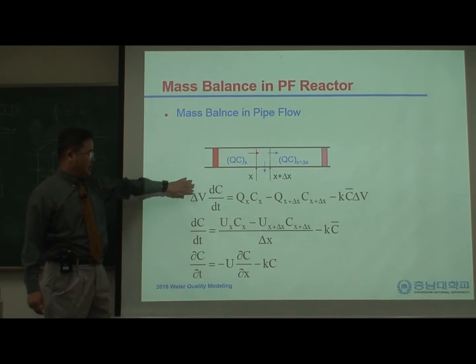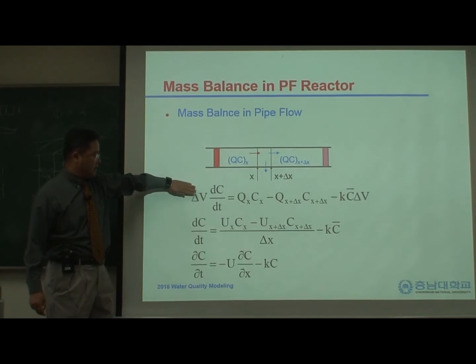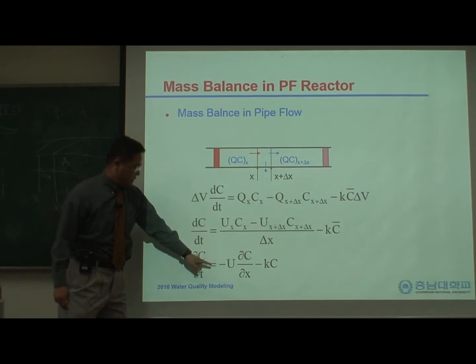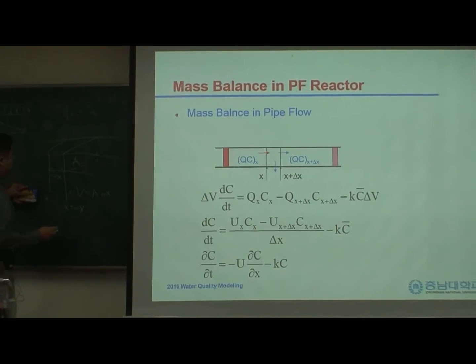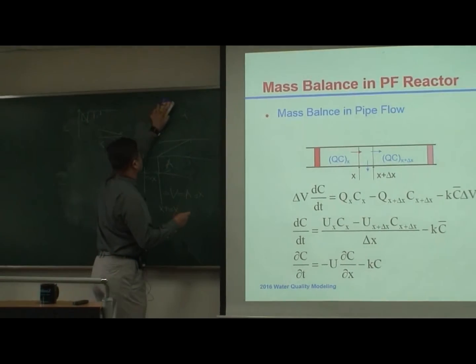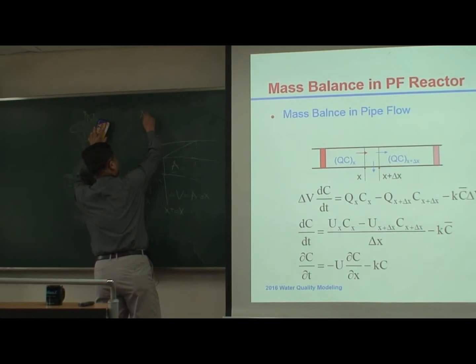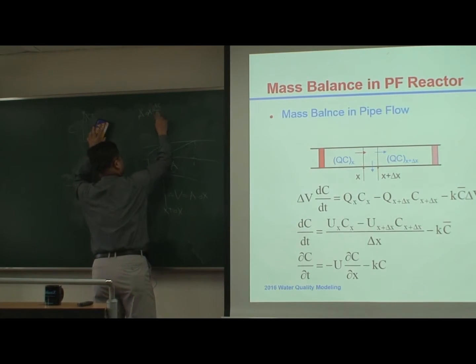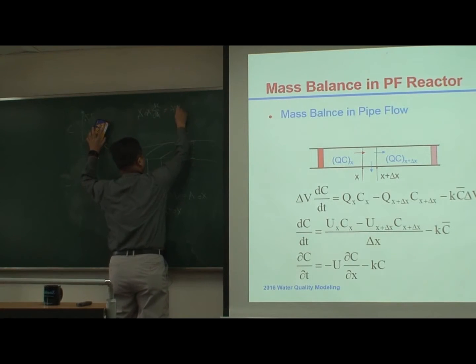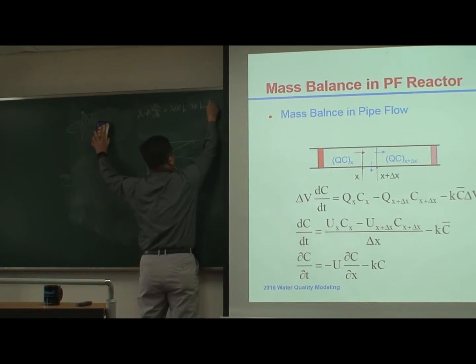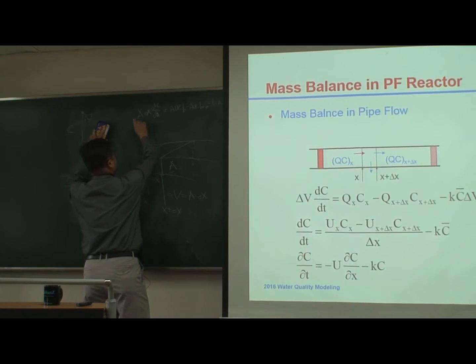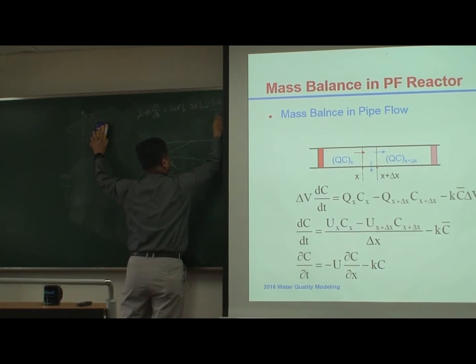Okay, and I can divide everything by my delta V. Let me just write this way: A U C at X plus delta X, and minus K C delta V, which is A times delta X. So I will just divide everything by A delta X.